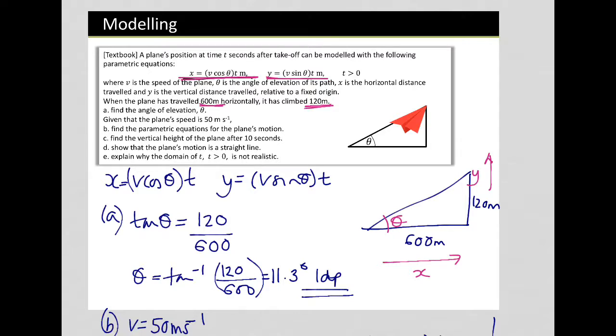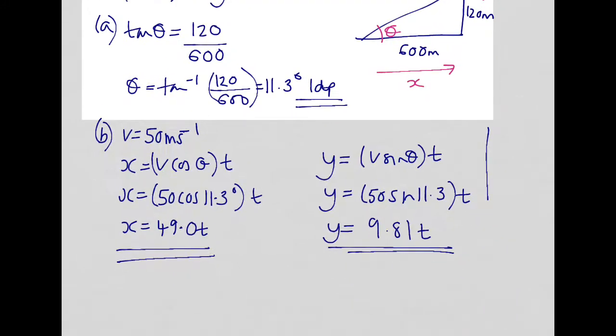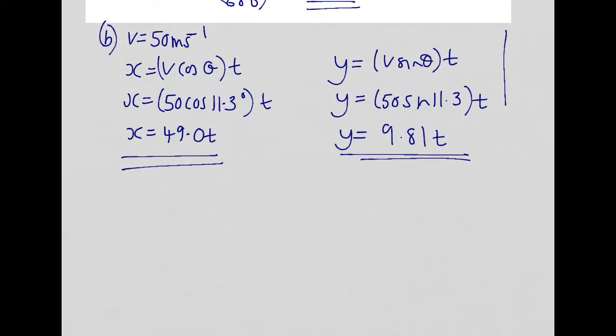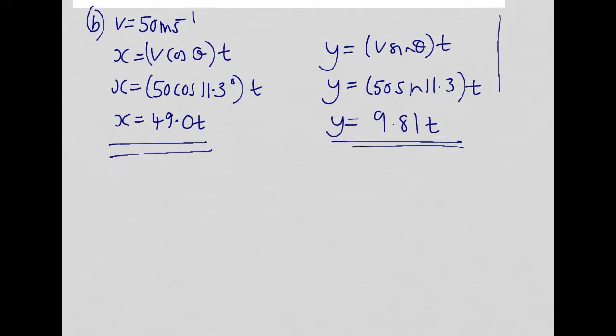Now, part C. Find the vertical height of the plane after 10 seconds. Vertical height of the plane. Well, that would be wanting to know what y is. And we want to know y after 10 seconds, so when t equals 10. So C, I'm going to say y equals 9.81t, because remember that's what we can use now.